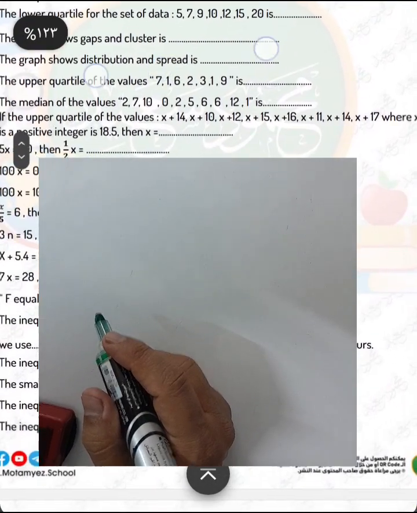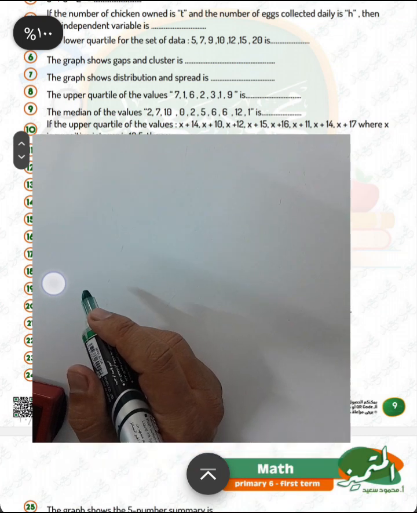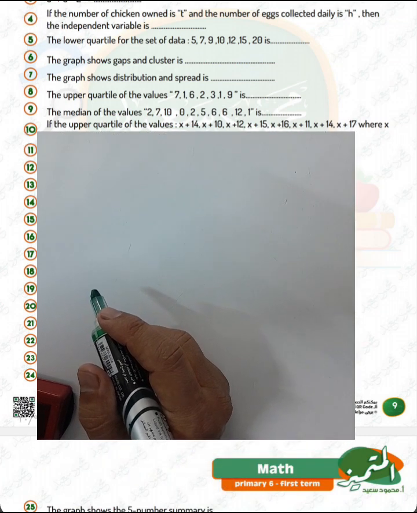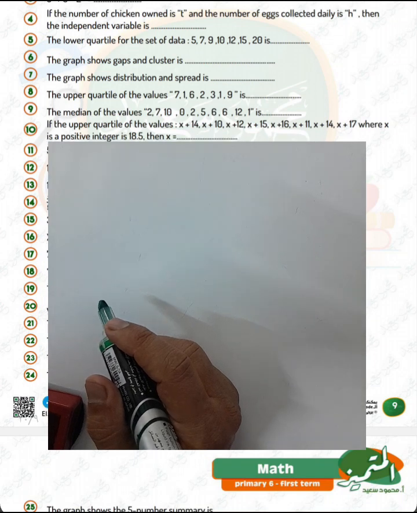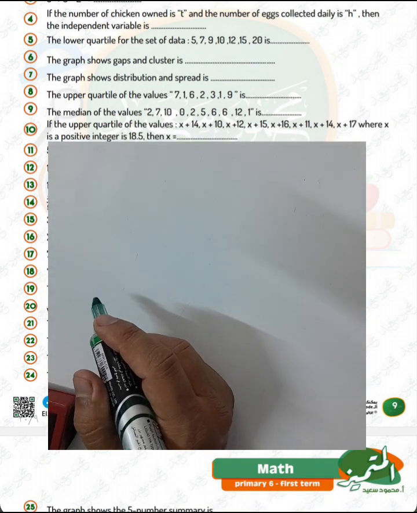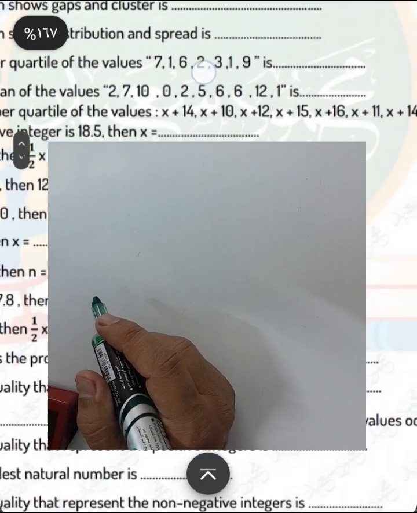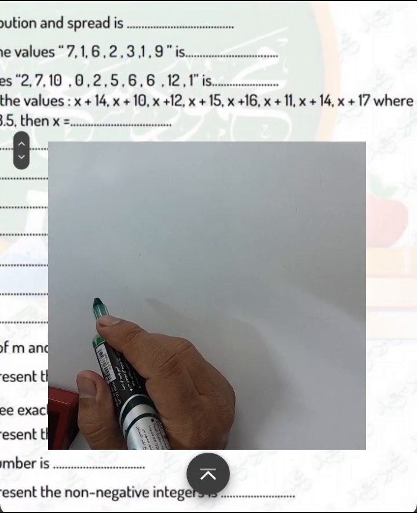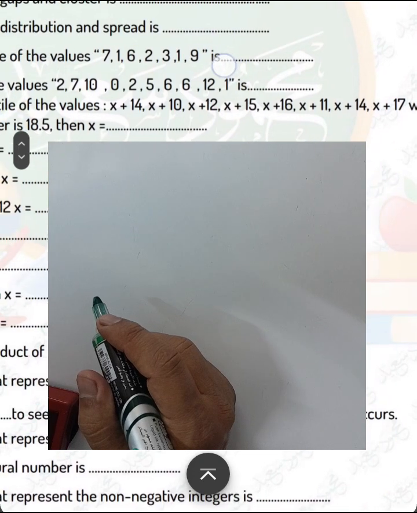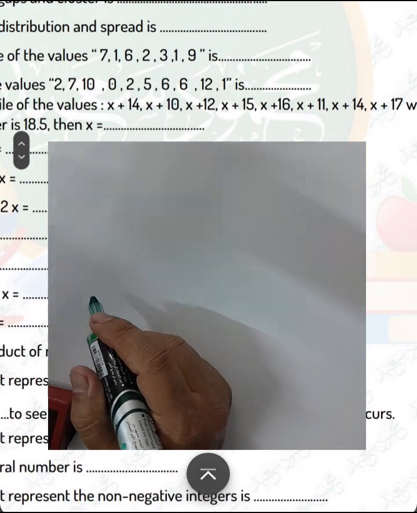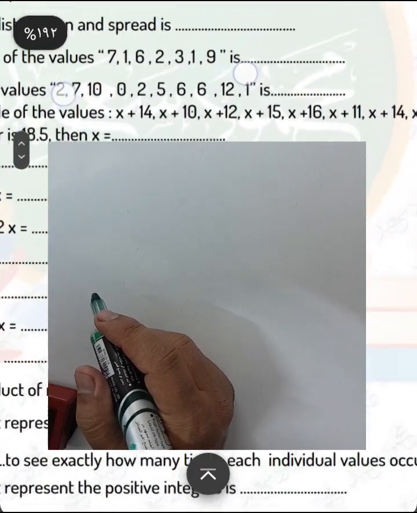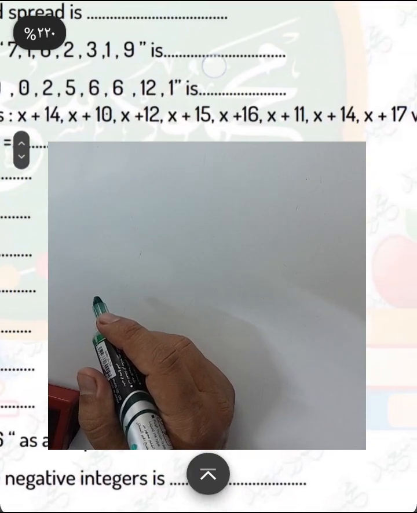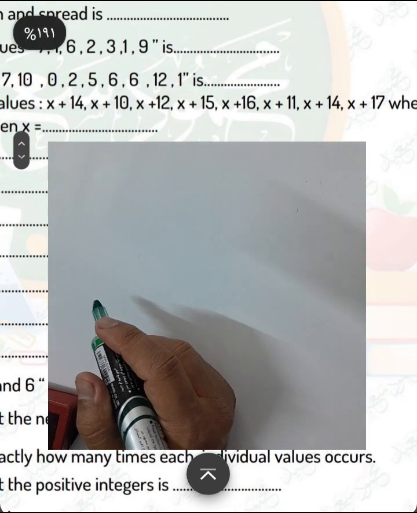Next question, number 10. If the upper quartile of the values is 18.5, then x will be equal what? He gives us the values here, and the upper quartile. Okay. First step, we must arrange all the values and find the upper quartile.